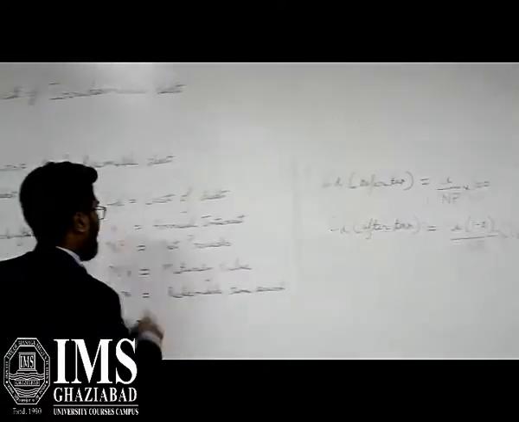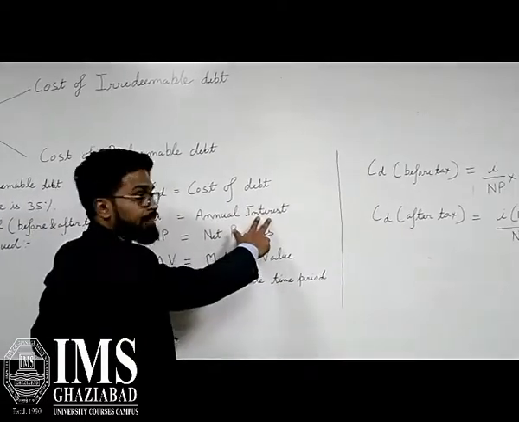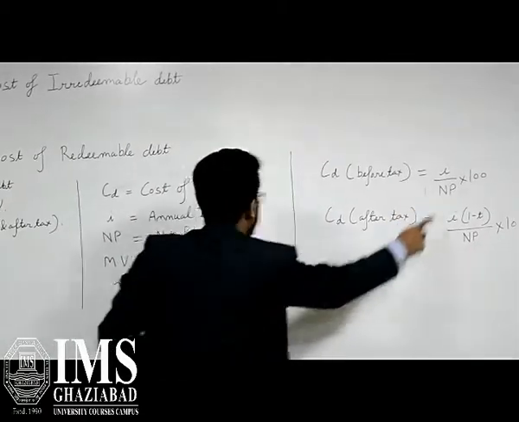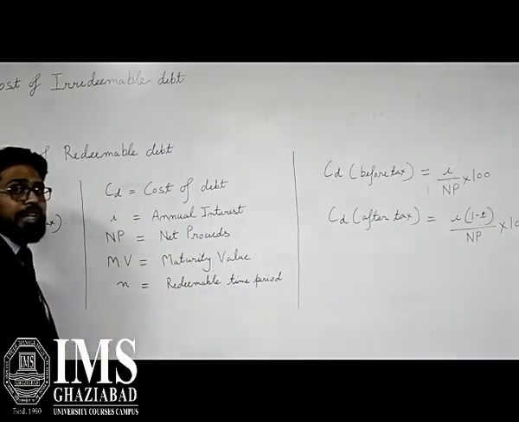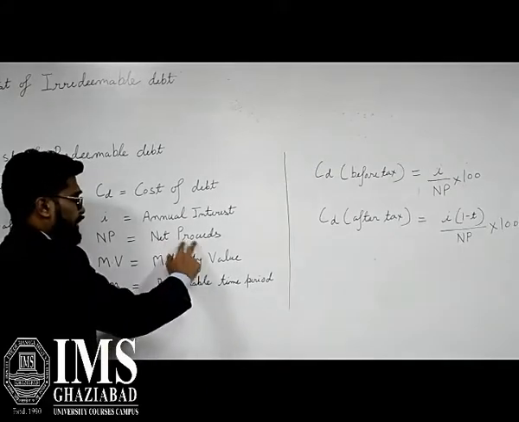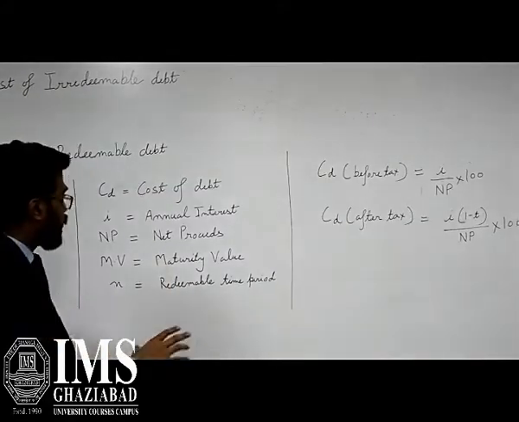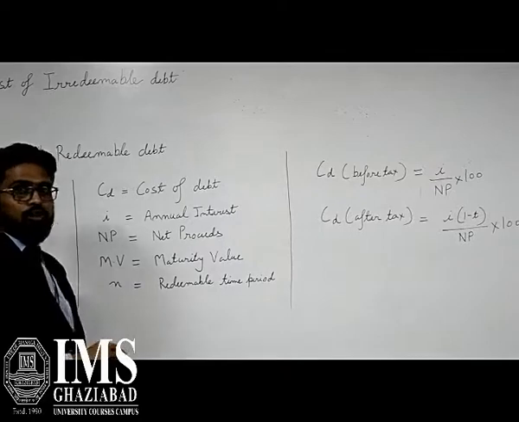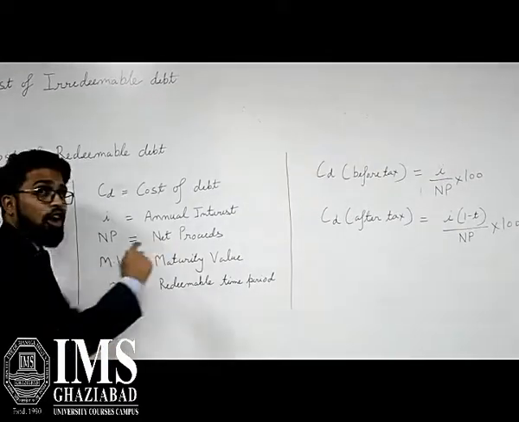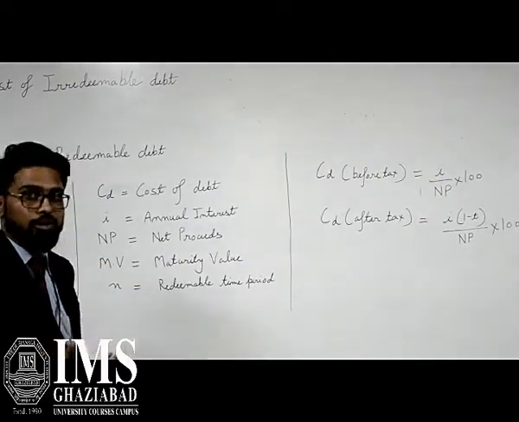Here I means annual interest, and NP means net proceeds. Net proceeds means the total par value of debentures minus all the expenses and costs.